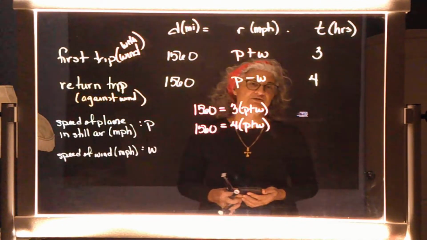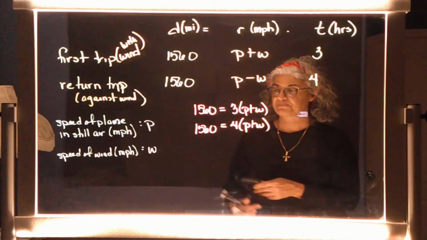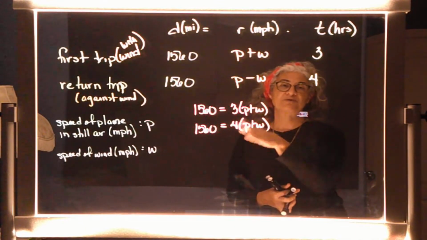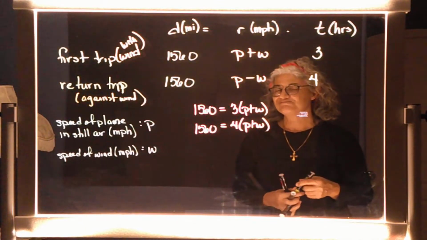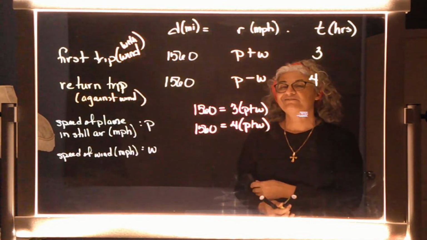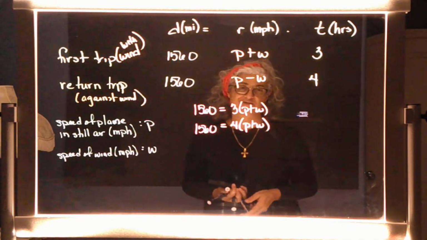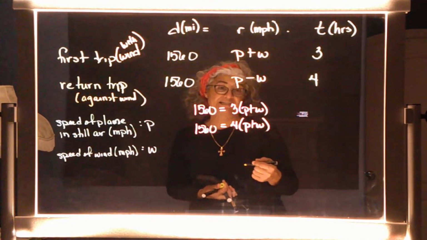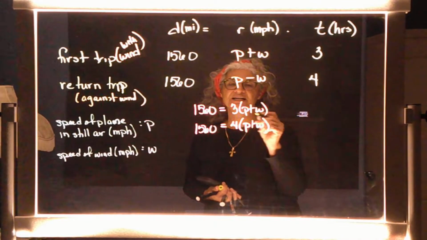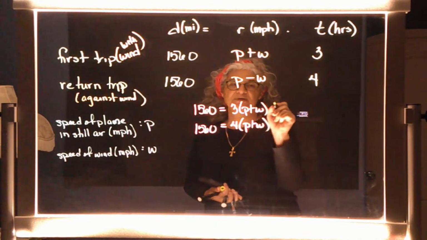Okay, now there's a couple of different ways you can actually solve it from here. You can distribute the 3 and distribute the 4. Me personally, I'm going to see if 1560 divides by 3 evenly. Did you figure it out? Go ahead, I'll wait. It does, doesn't it? I can divide both sides of this equation by 3.